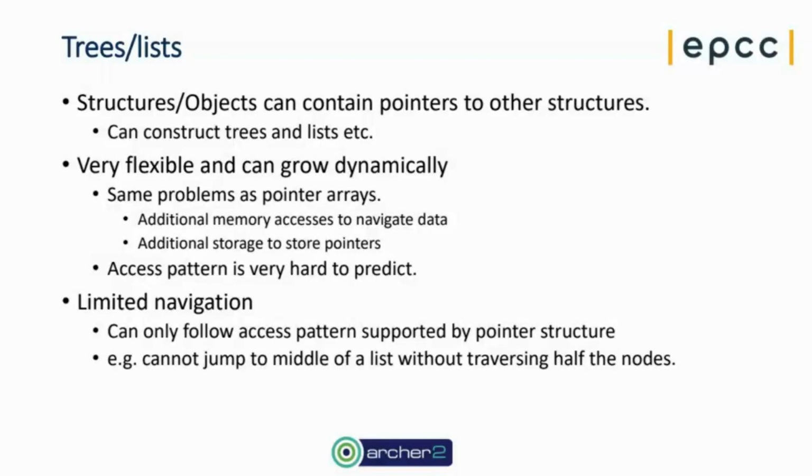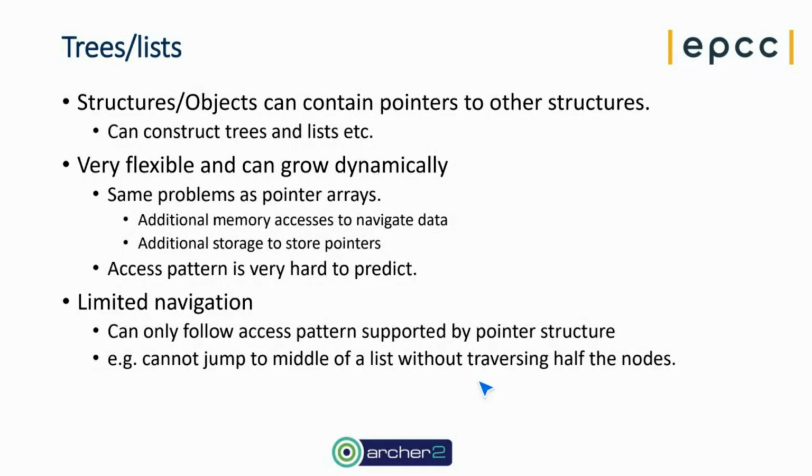We have some more dynamic data structures like trees or lists. These are basically structures or objects that contain pointers to other structures, and that allows you to construct these types of structures. They're very flexible. You can grow them dynamically, but they have the same sort of problems as pointer arrays: additional memory accesses to navigate through the data structure, and additional storage to store the pointers.